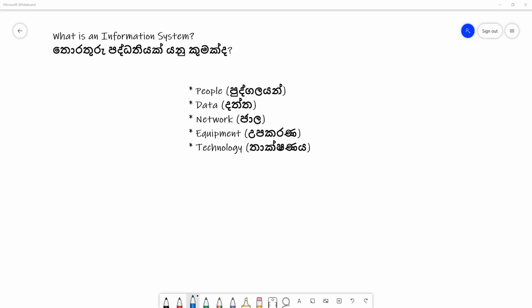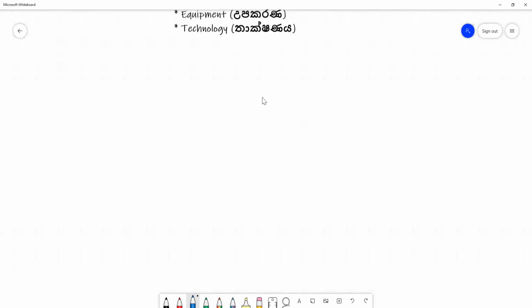Right? So when you talk about the information system, there are two types. Two types.